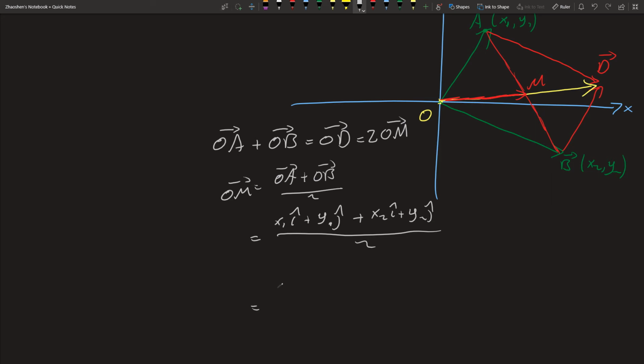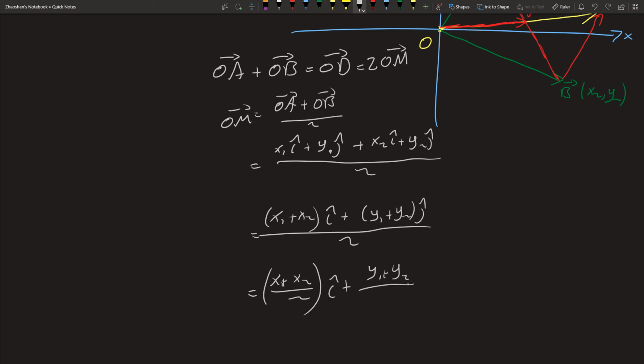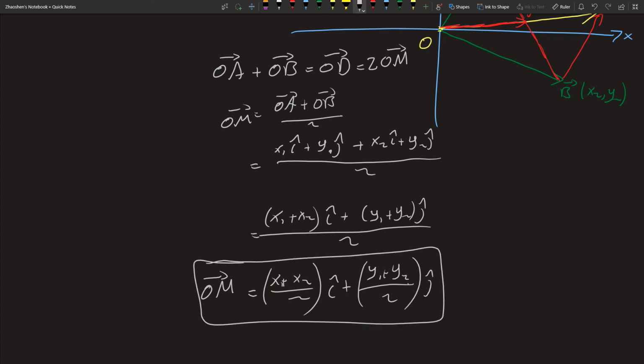So we have (x1 plus x2) i plus (y1 plus y2) j, all over 2. Now let's bring the 2 inside. Basically distribute. So we have ((x1 plus x2) over 2) i plus ((y1 plus y2) over 2) j. So this is OM. We have found the midpoint.